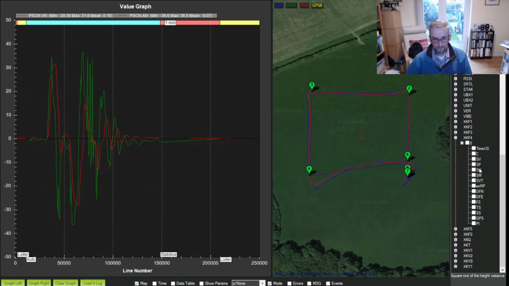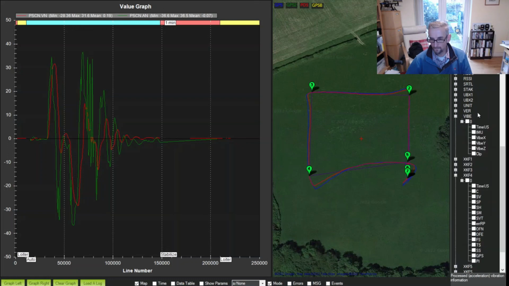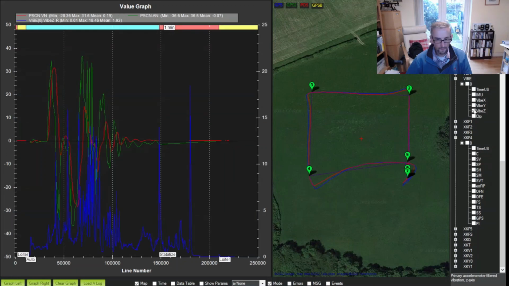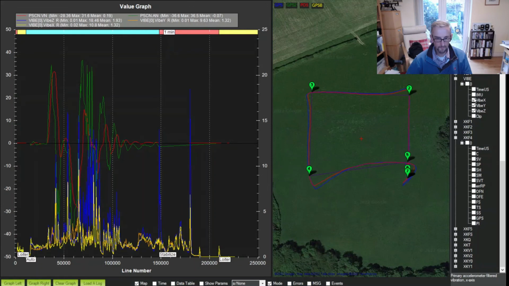The only other thing to look at is the vibrations, just to see what this looks like. Z vibrations quite high, X, Y not too bad.